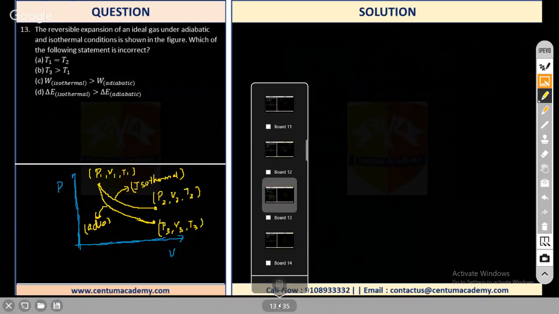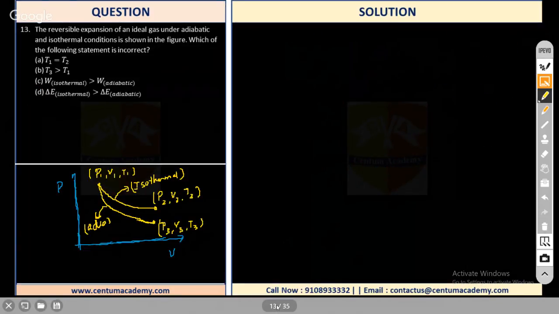What is the answer in this one? You have to find out the incorrect statement. All of you are getting C or D. Okay, chalo, we'll discuss all these options one by one.